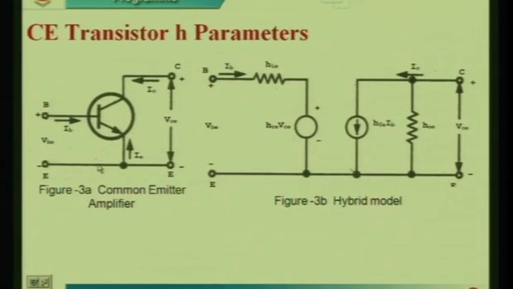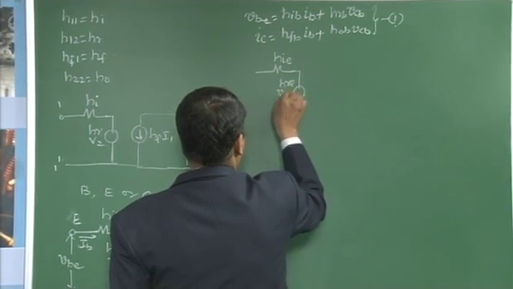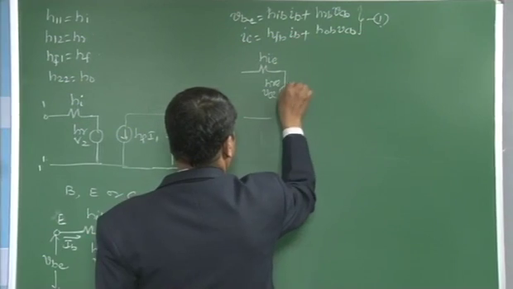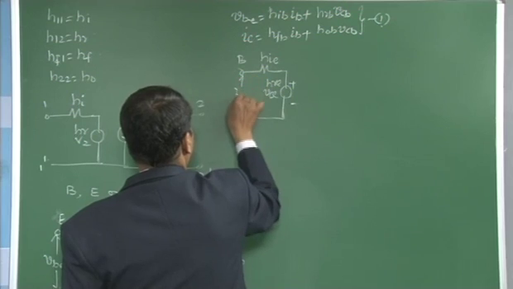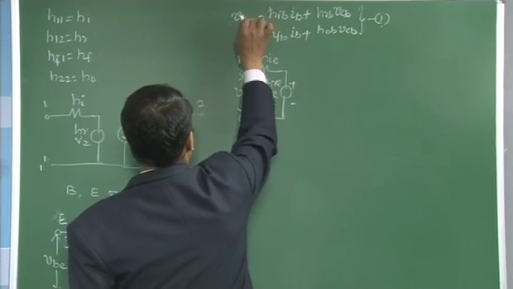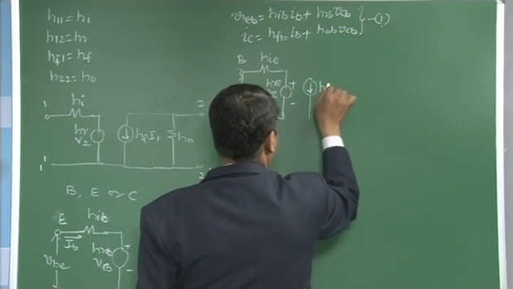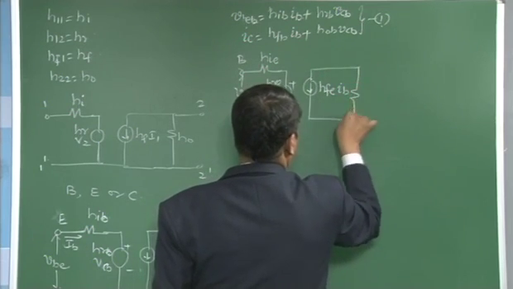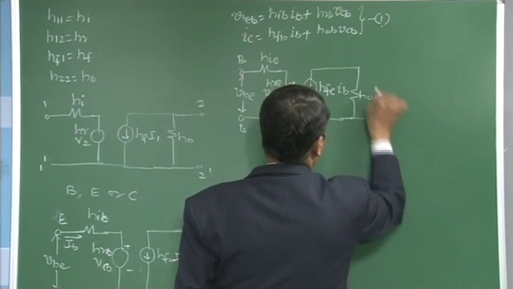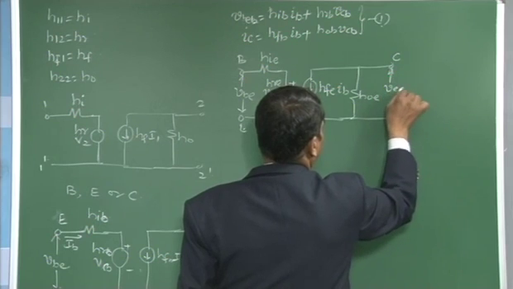Its equivalent circuit is given by adding the second suffix E: hie at the input, with a voltage source hre VCE. The voltage across the input is VBE. Then we define the constant current source hfe IB, and the output is taken across hoe, between the collector and emitter, and the voltage across this point is VCE.